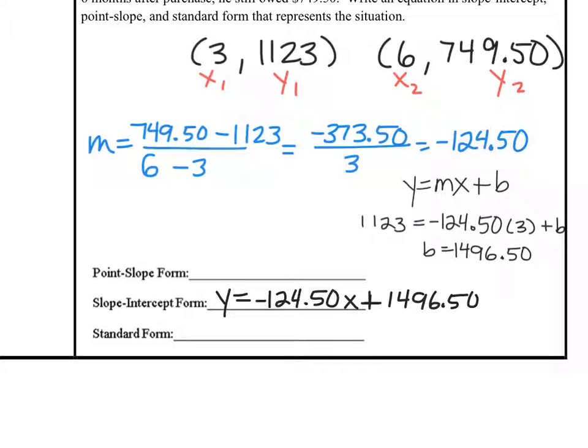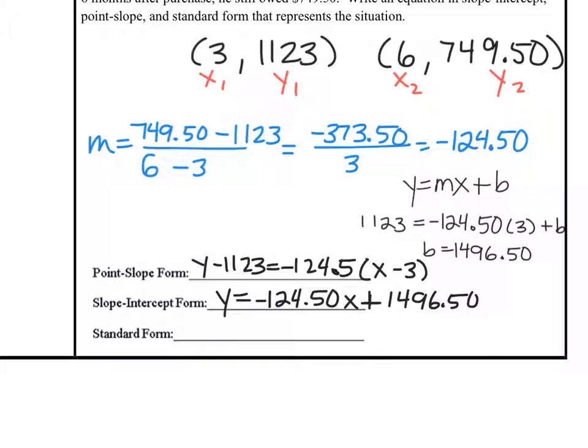Point slope should basically be done for us. y minus 1,123 is equal to negative 124.5 times the quantity x minus 3. Oh, that's a decimal. Good? Yeah, make sure you subtract your points, which is going to make the sign opposite. So if it's negative, then it's going to say plus.